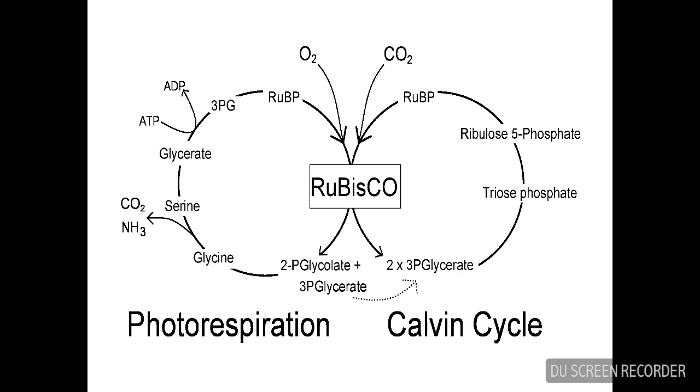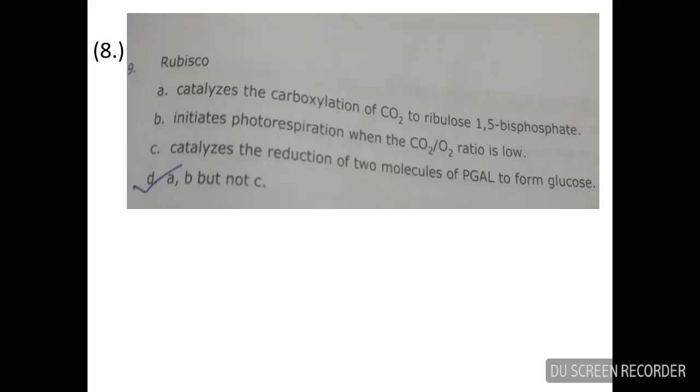And in the other condition, when it acts as an oxygenase, O2 is involved, and 2-phosphoglycolate is converted into glycine, and glycine is converted into serine. In this process decarboxylation occurs, and serine is converted into glycerate. And glycerate is converted into 3-phosphoglycerate.